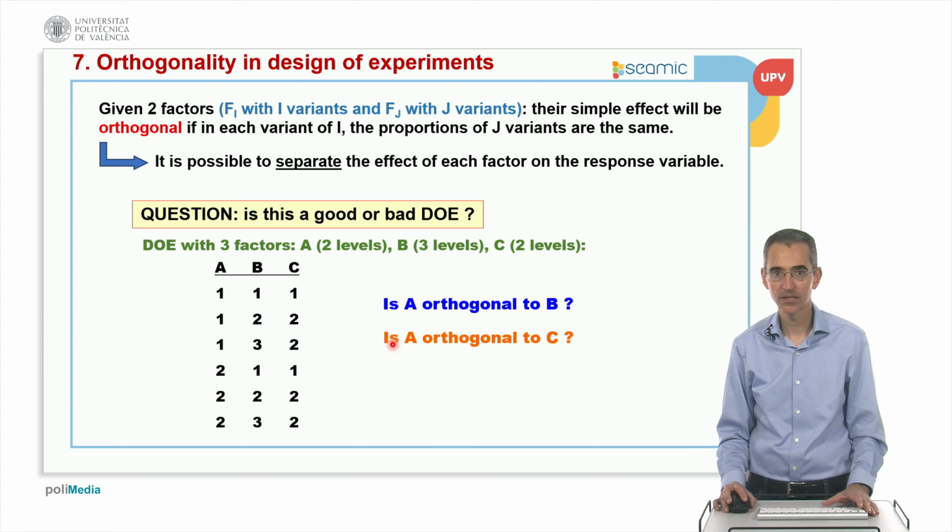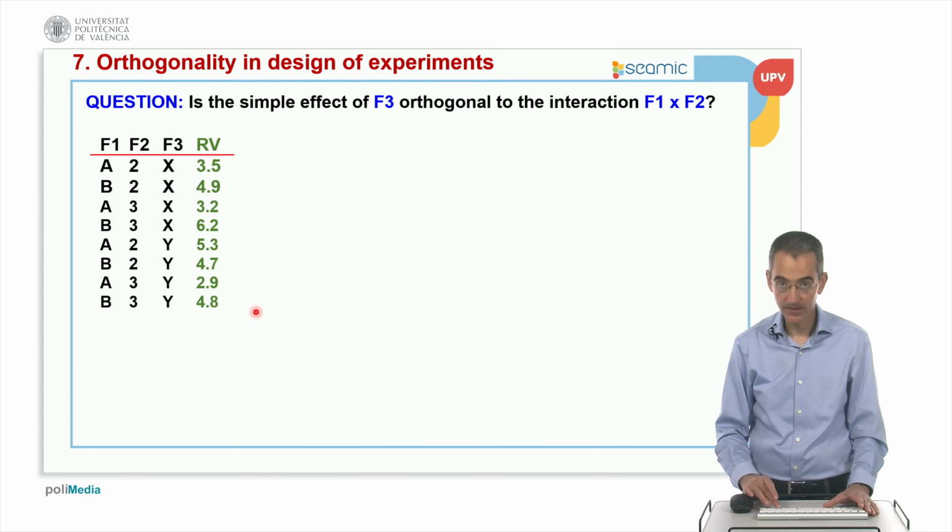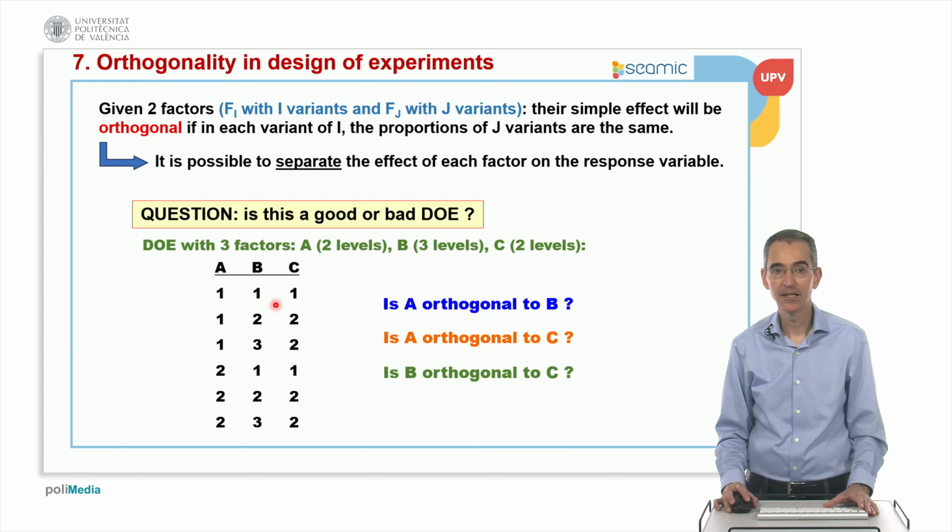So this is orthogonal. Is A orthogonal to C? Yes, the answer is yes, because it's 1,1 and 1,2, which is tested twice. 2,1 and 2,2 also tested twice. So the same proportion. Is B orthogonal to C? The answer is yes. 1,1... sorry.